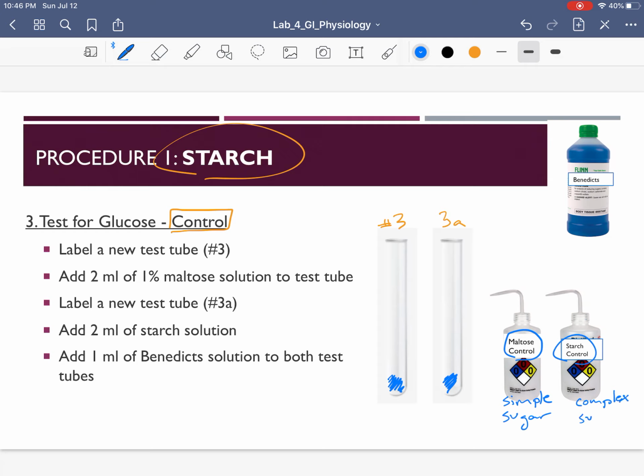I know with all these names you might be getting confused, but I encourage you to listen to what I'm about to say. Let's simplify it. In test tube 3, we have a simple sugar, maltose. In test tube 3A, we have a complex sugar.